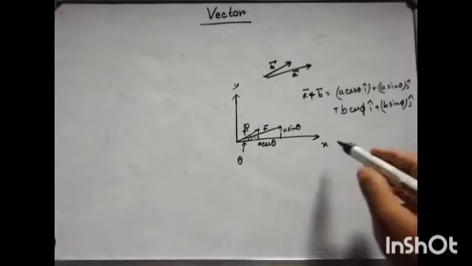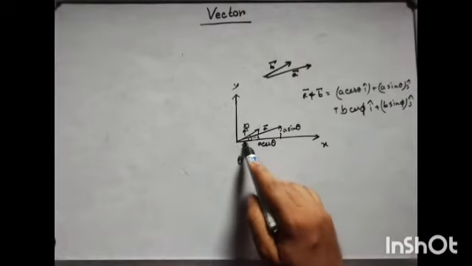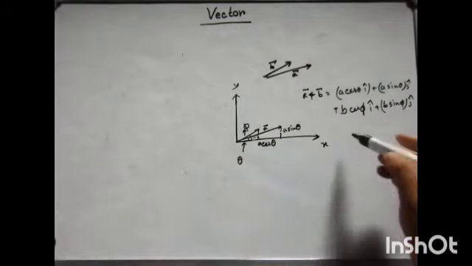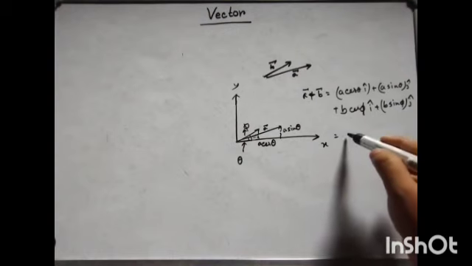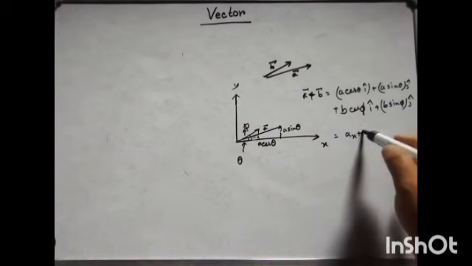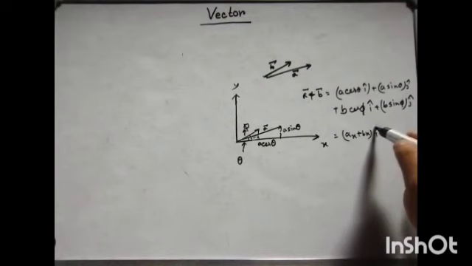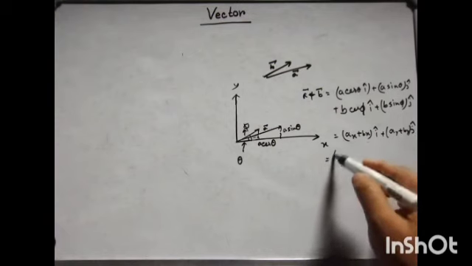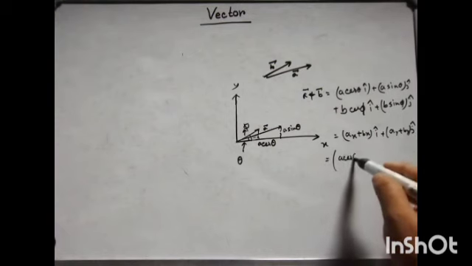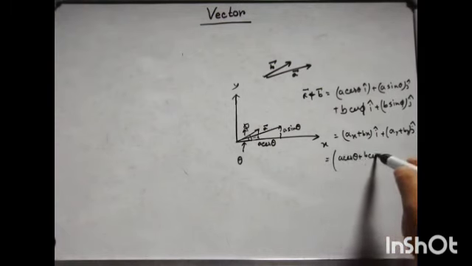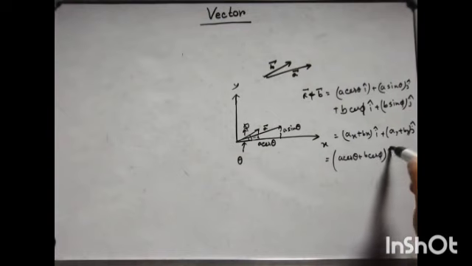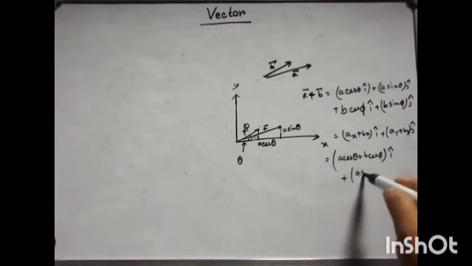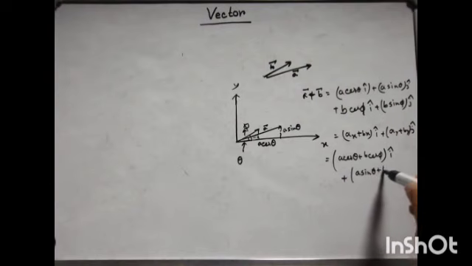So along x-axis the components will be only ax and bx, so that is ax plus bx I cap plus ay plus by j cap, that is a cos theta plus b cos phi I cap plus a sin theta plus b sin phi j cap.